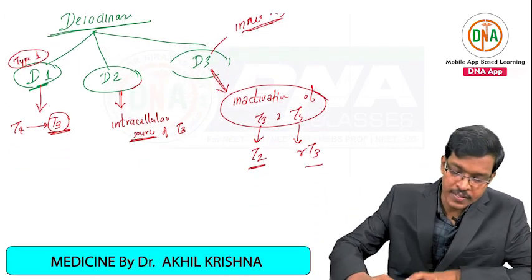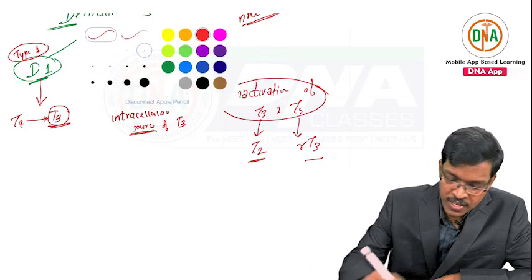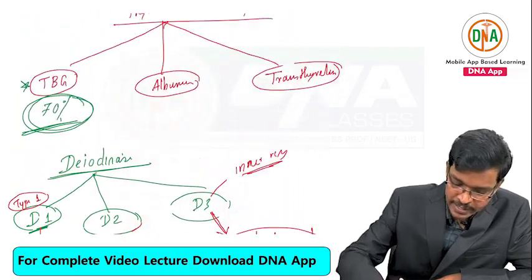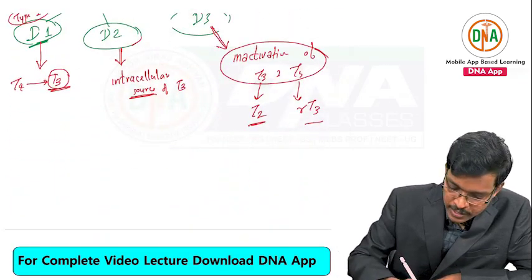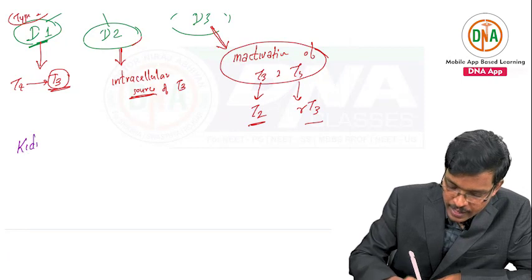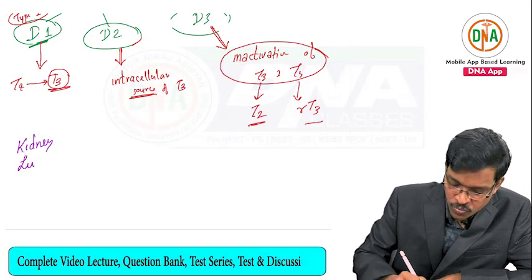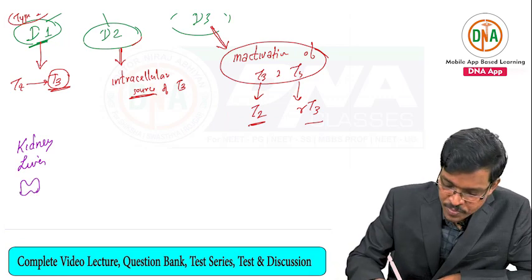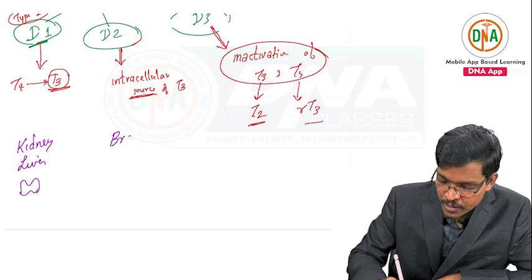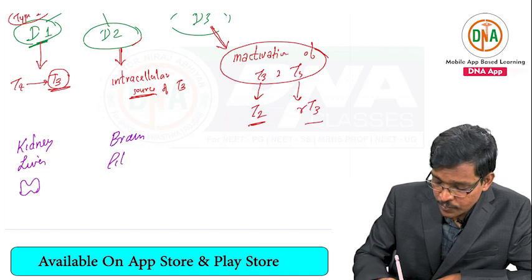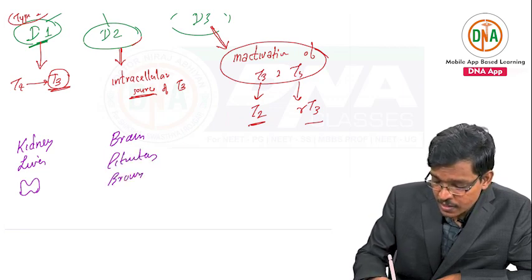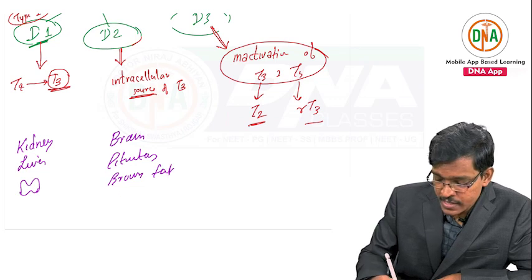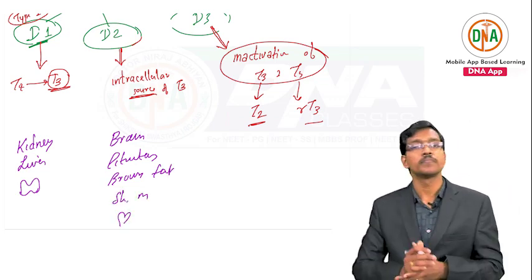So the sites where you get D1 are mainly the kidney and liver, along with some in the thyroid. Whereas D2 is present in the brain, pituitary, brown fat, and also in the skeletal muscle and heart.